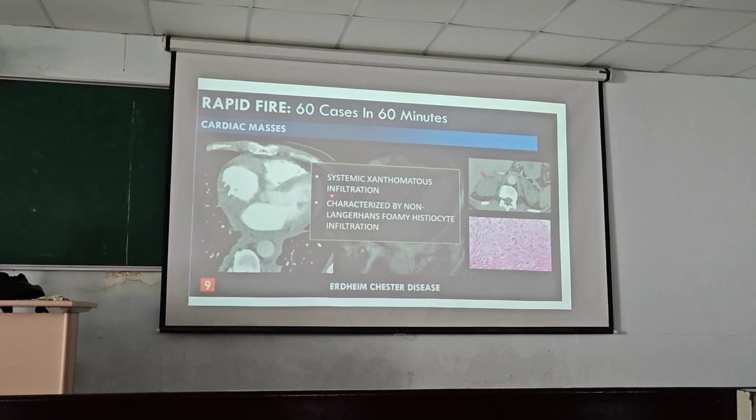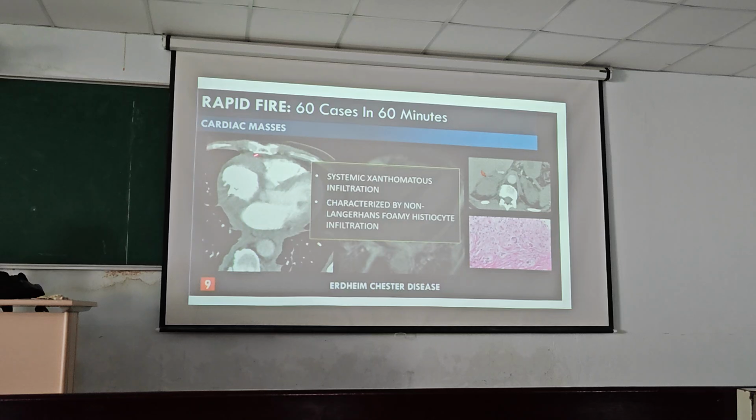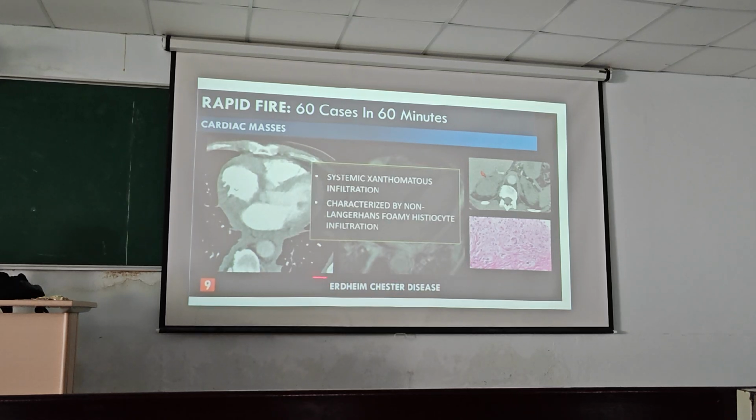It's a systemic xanthomatous infiltration characterized by non-Langerhans foamy histiocyte infiltration. So if you see something in the kidney involving a vessel infiltrating the heart, then think of Erdheim-Chester disease. It's rare, but I've seen maybe a couple cases over the years.